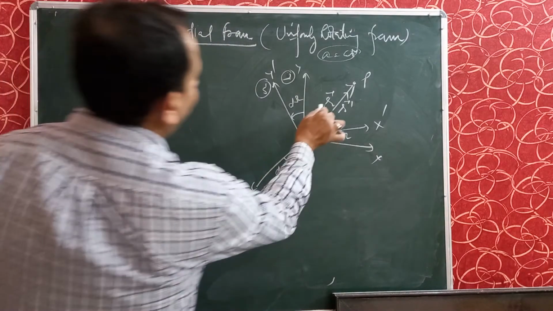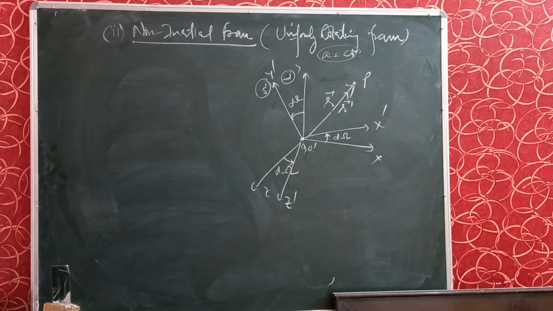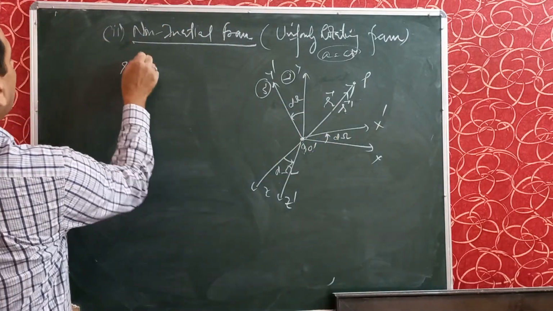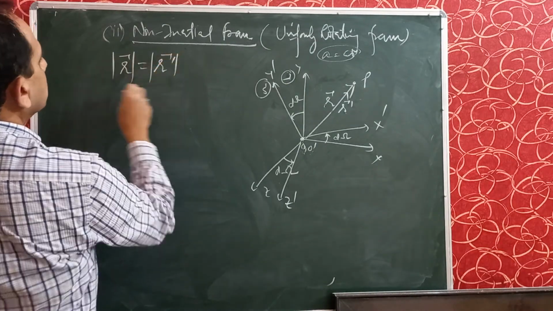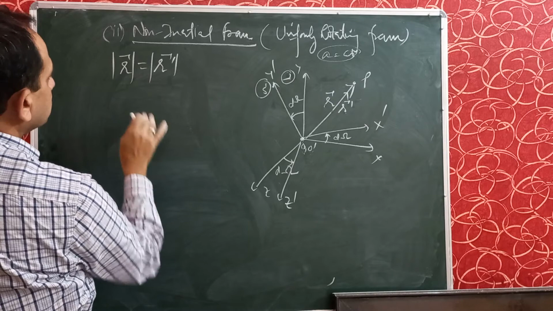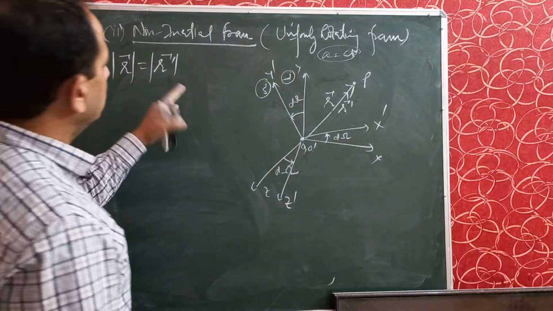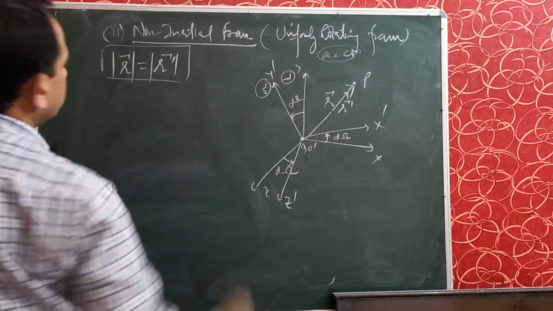Therefore, R and R dash both lie on the same line, but the direction of R dash is not equal to R. R is equal to R dash in magnitude, but the direction is not the same. So, this is the equation for position or displacement.